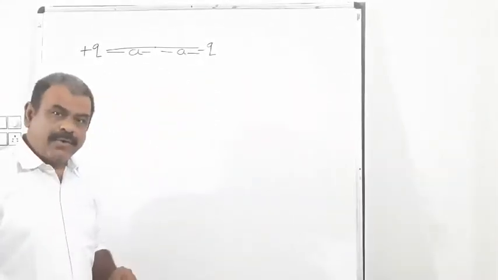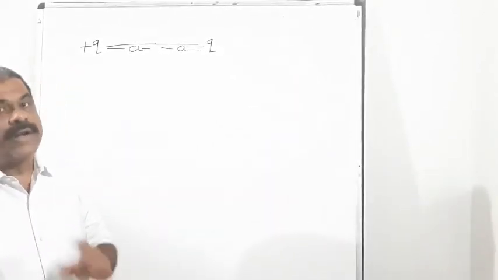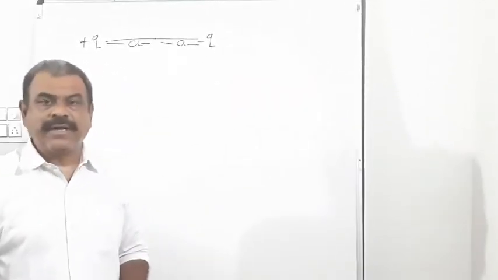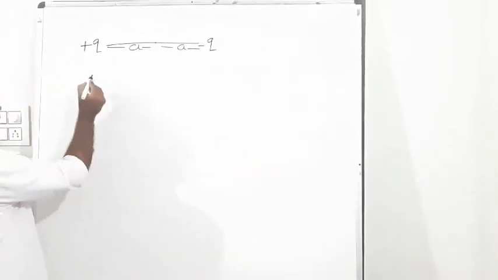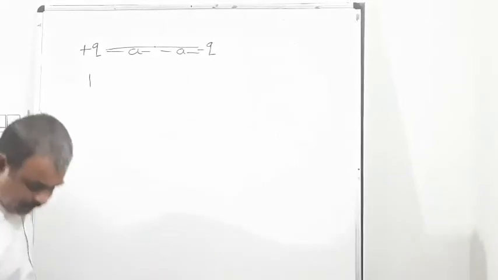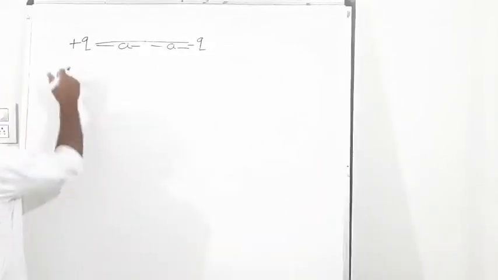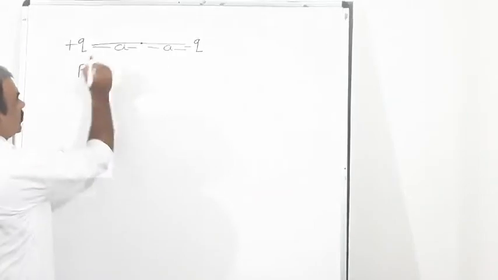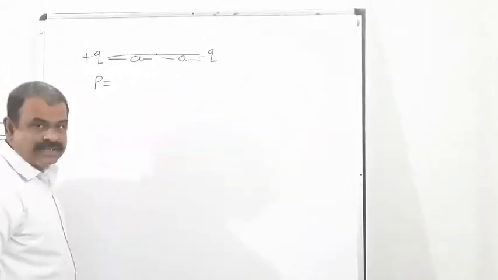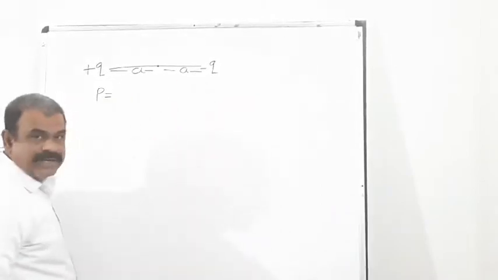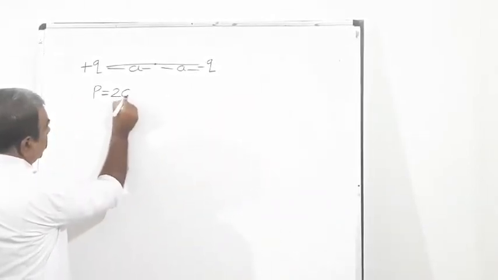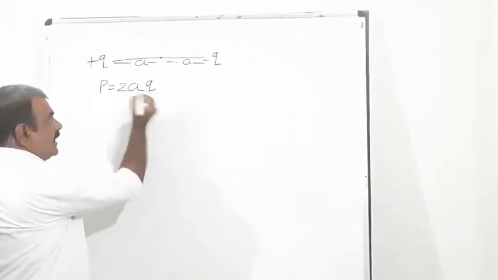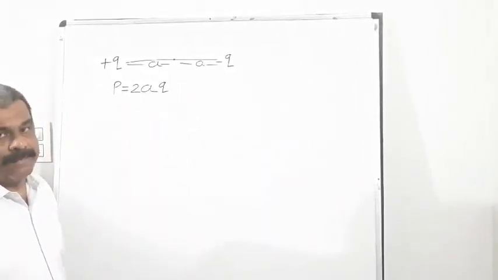Now with an electric dipole, you can associate a physical quantity called dipole moment, which is denoted by the symbol P. Here, from the center, the distance of the plus Q charge is A, and the distance of the minus Q charge is also A. So the length of the dipole is 2A. The product of 2A, that is the length of the dipole, into Q, that is the value of any one charge, is called the dipole moment.